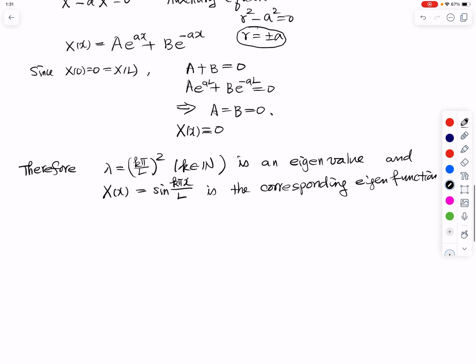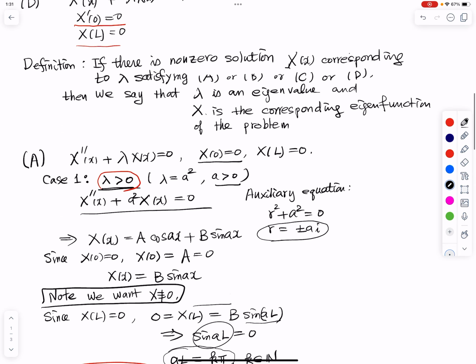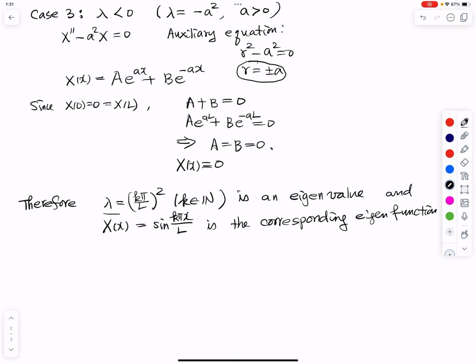Okay, we're done. For problem A, the pair of solutions lambda and X satisfying this condition is only lambda equals k pi over L squared and X(x) equals sine k pi x over L. You can multiply any constant in front of it, any constant is okay, but the simplest one is 1.